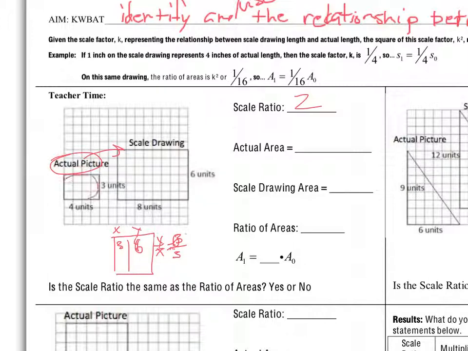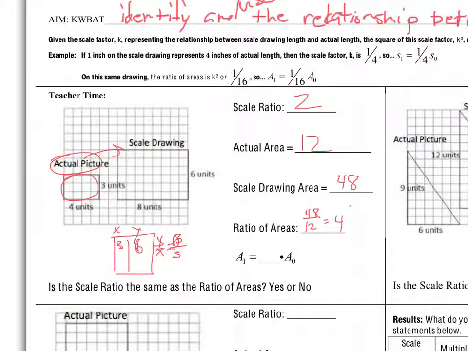The actual area here is 12. Our scale drawing is 4 by 8. That's going to be 48. So the ratio of the areas, and so I'm looking for the ratio of the areas, is 48 over 12 is 4.